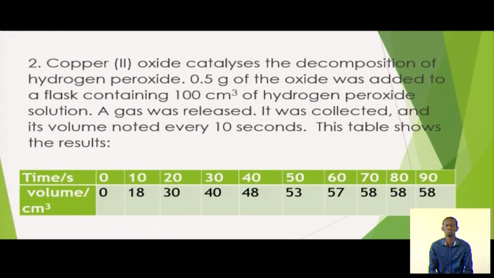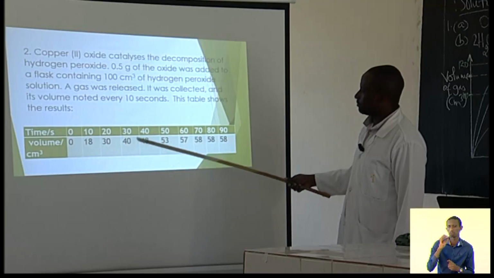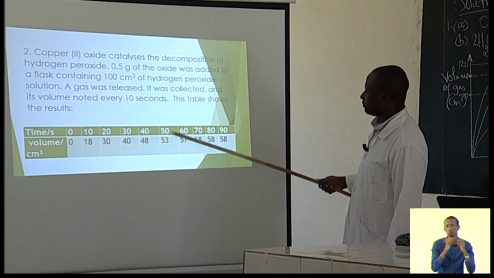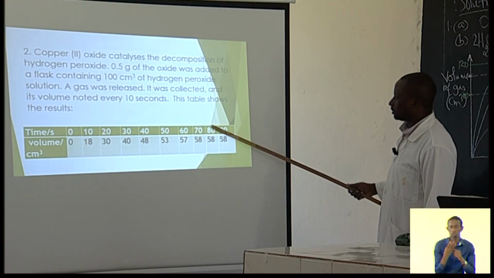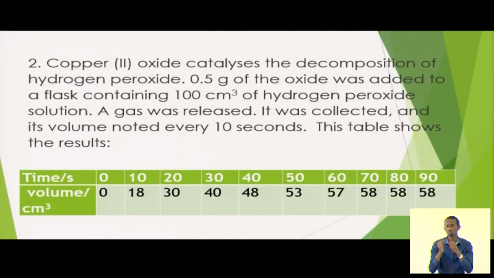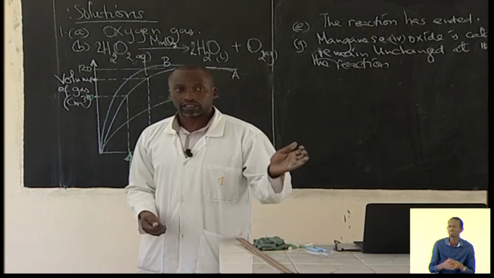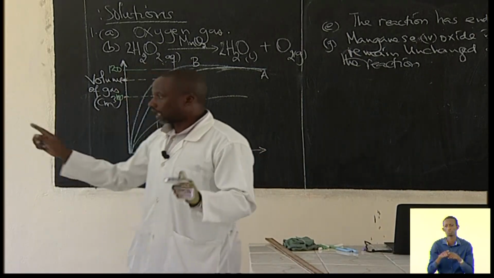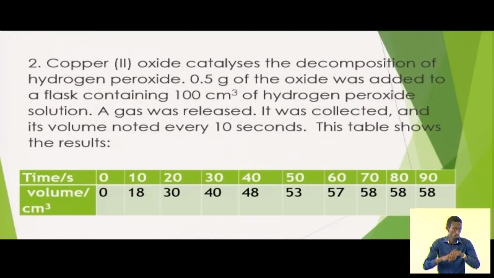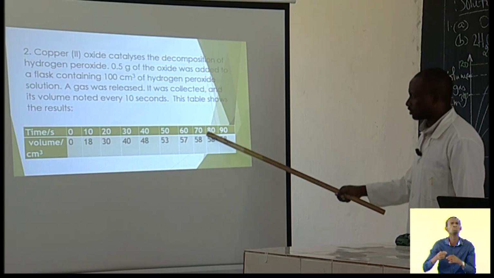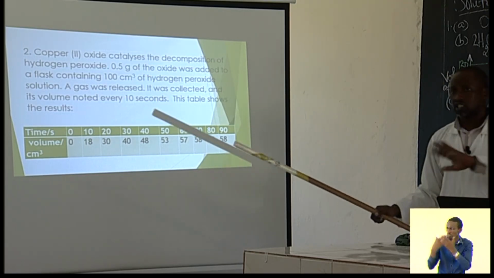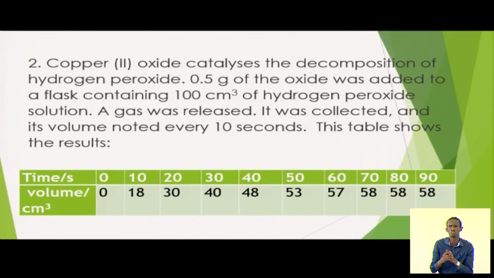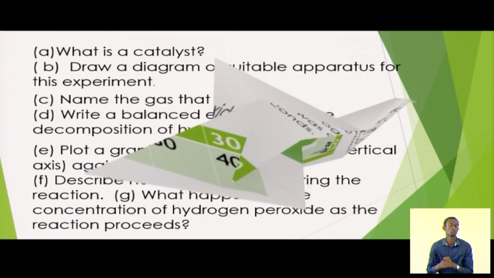The times and volumes are 0 and 0, 10 and 18, 20 and 30, 30 and 40, 40 and 48, 50 and 53, 60 and 58, 70 and 58, 80 and 58, 90 and 58. As time increases, the volume of the gas also increases, but after around 60 seconds, as time increases, the volume of the gas remains constant. What does that mean? It should give you the idea.